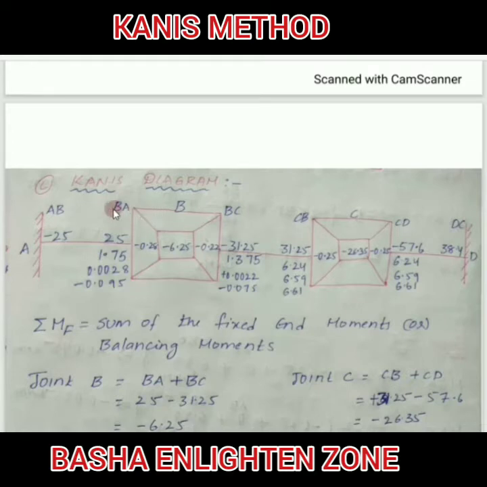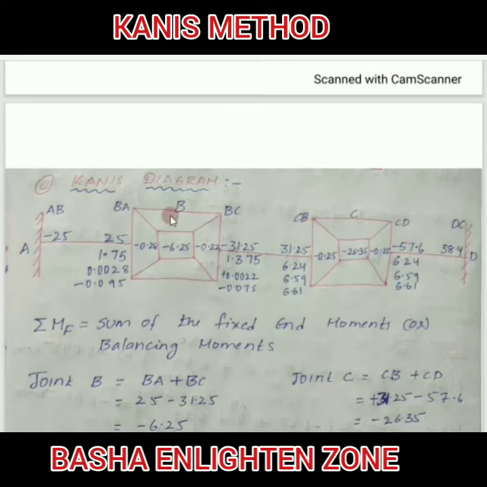So similarly, for BA, AB is the forend and CB is the forend. For BA, BC is the near end. You always remember this step. At the same time, for BA, CD is also a forend. For BA, CB and CD both are forends, but you don't consider CD in the rotation moments.